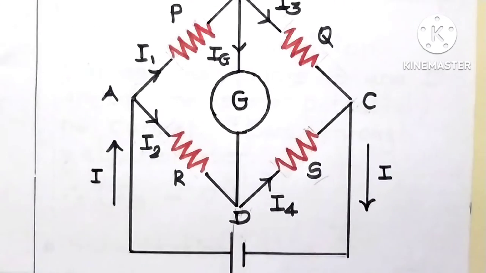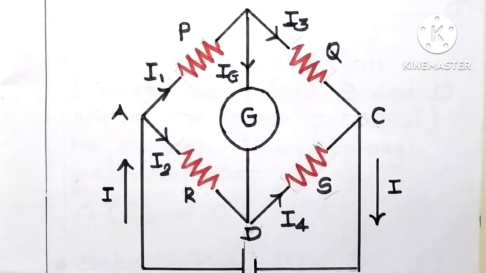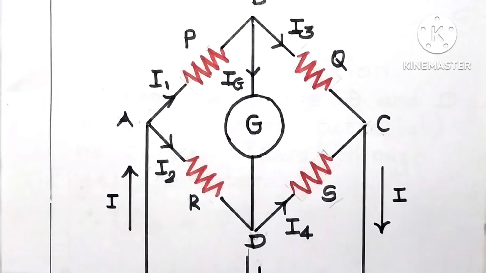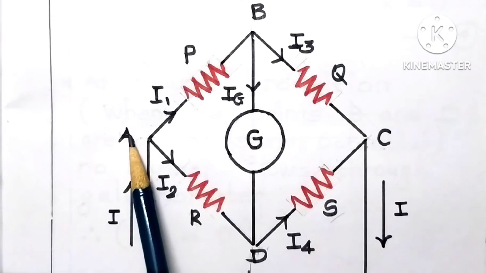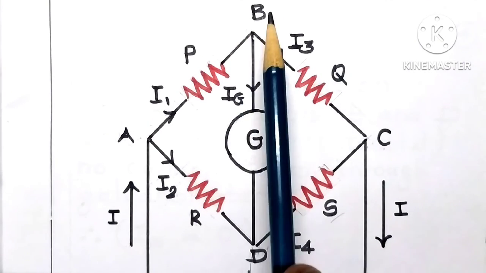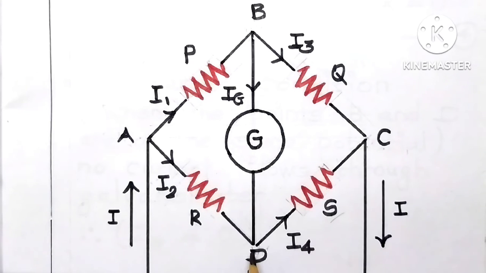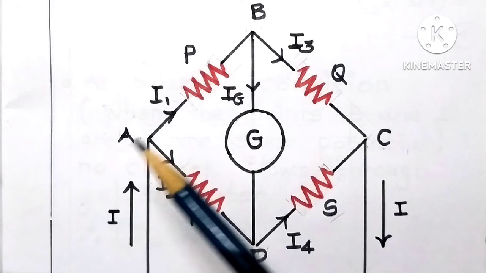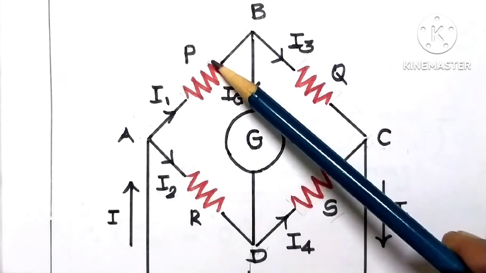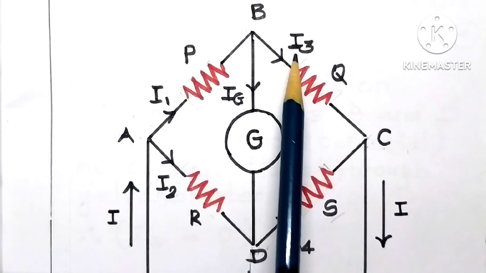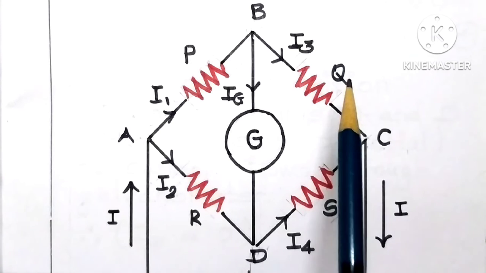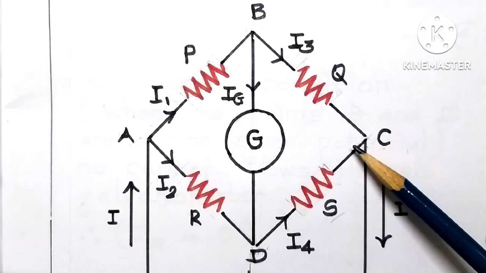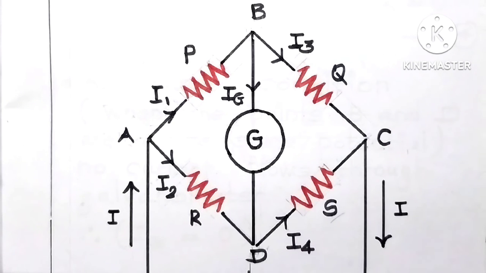Now let us come to the next loop, that is AB, then from B to C, C to D, again back to A. Here I1P is taken as positive and I3Q is taken as positive, whereas I4's direction is opposite to our direction.